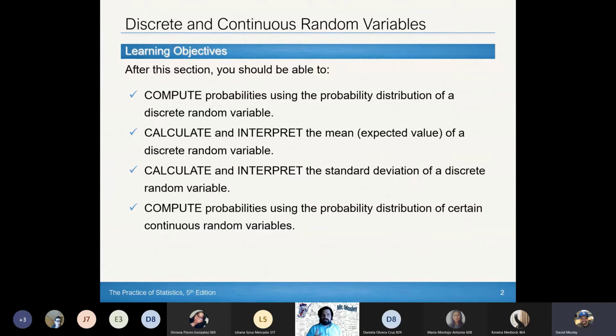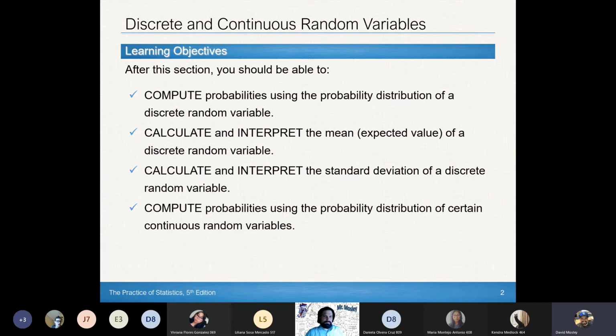Mean and expected value are interchangeable terms referring to the same thing for a discrete random variable. You will also calculate and interpret the standard deviation of a discrete random variable, and compute probabilities using the probability distribution of certain continuous random variables. We will see some examples today during the lesson.